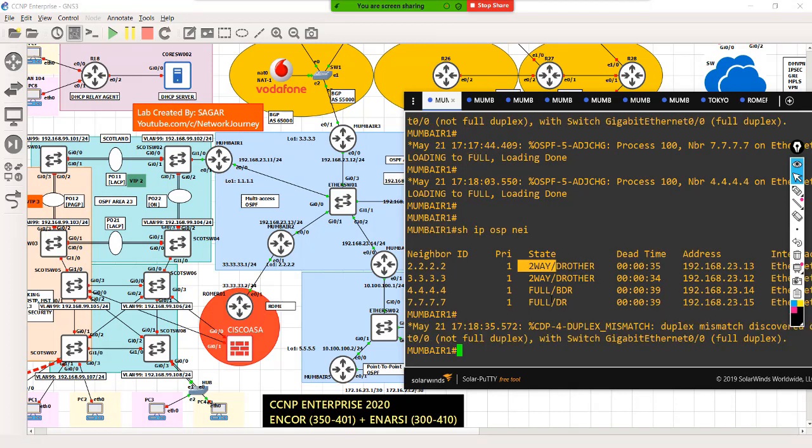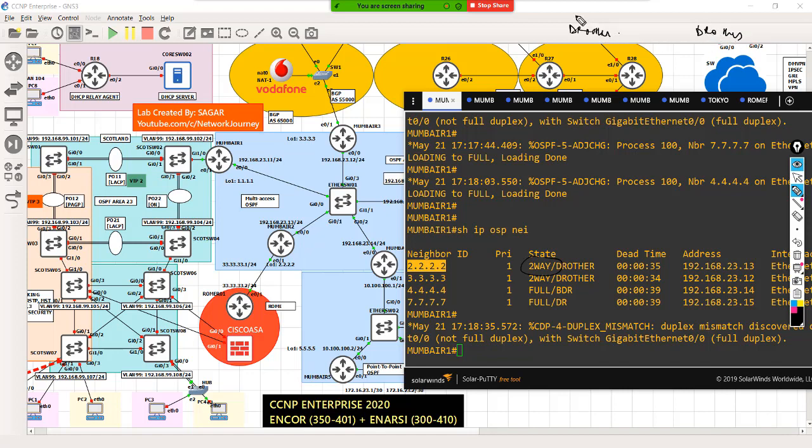As of now, there is no update going between these DR others. So why do they achieve the two-way state? You will see this two-way state between two DR others.